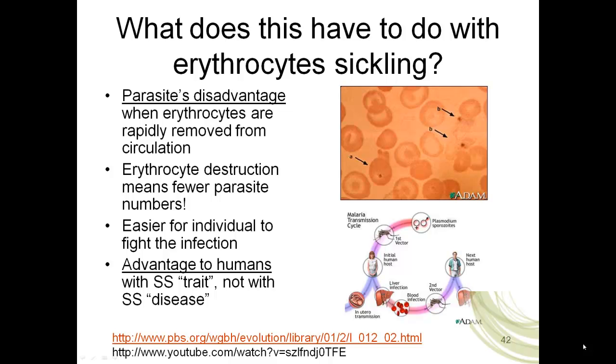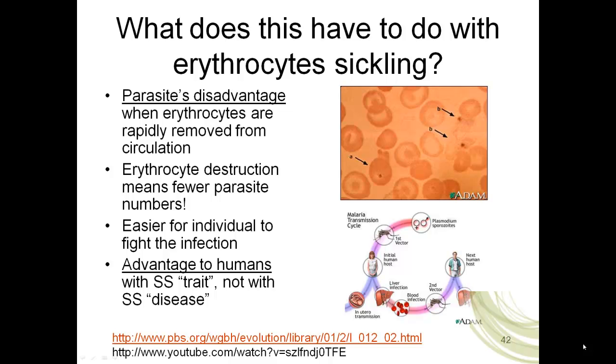So it's easier for the person to fight off the infection. And therefore, that's the reason why we see so many people of African American descent carrying one copy of the sickle cell mutation. So, because they lived to fight another day, because they fought off the malarial infection, they were then able to reproduce, right? And so the mutation gets passed on to the next generation.